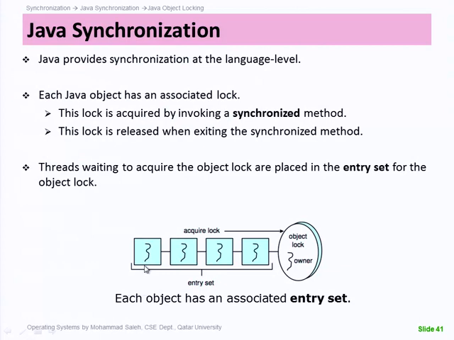Synchronize can be used on the whole object, or on a method within an object, or on a segment of code within a method in an object. And in all of these cases, what would it do? One of the things that it does is activate the lock of that object.